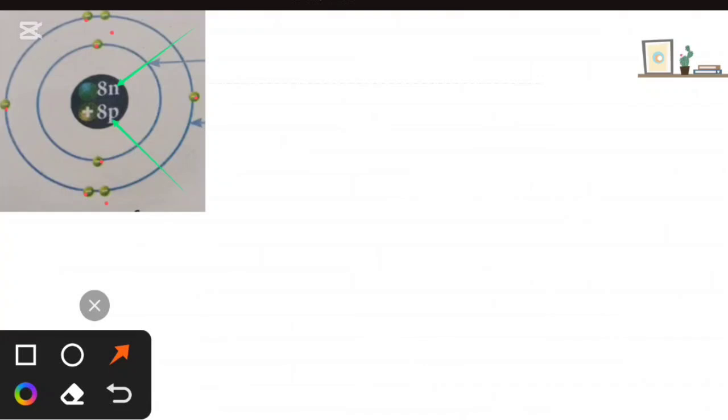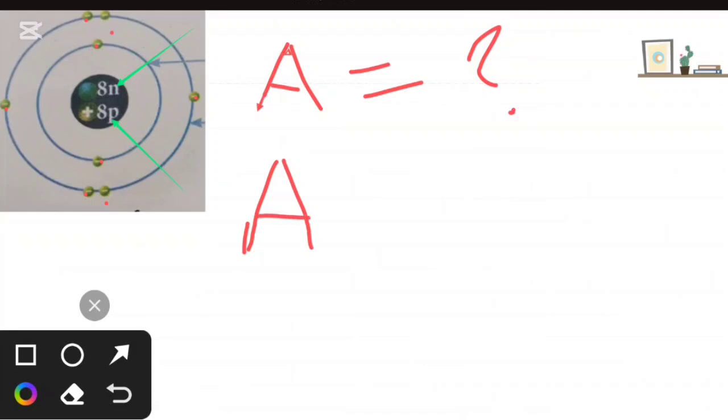Here the protons are equal to the electrons. Now to calculate the mass number, the formula is mass number is equal to proton plus neutron.